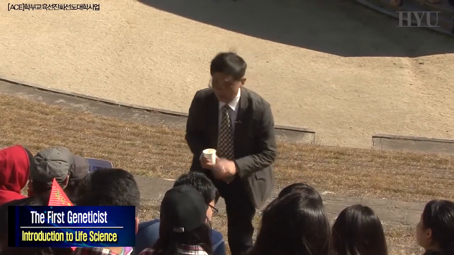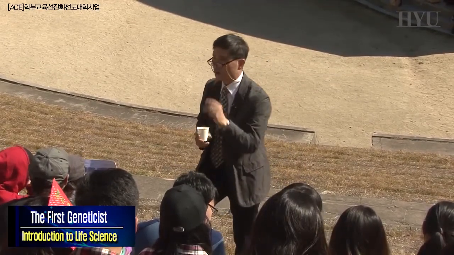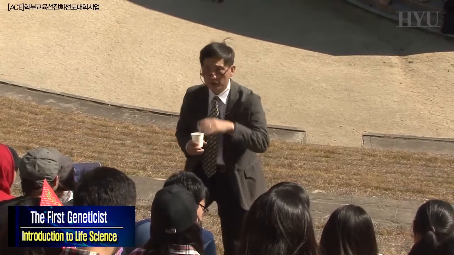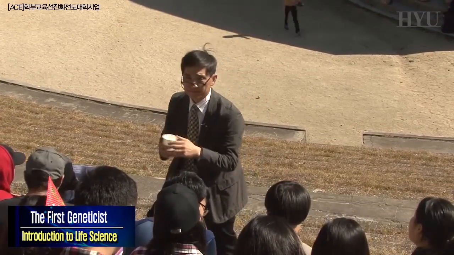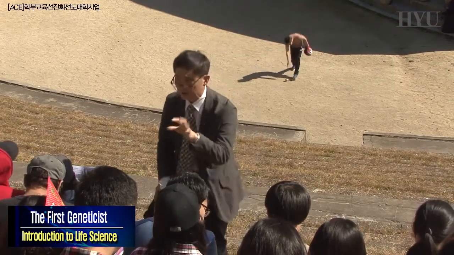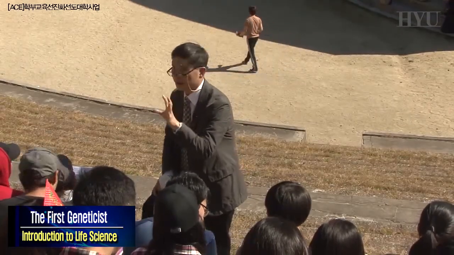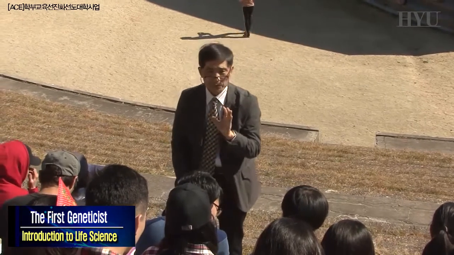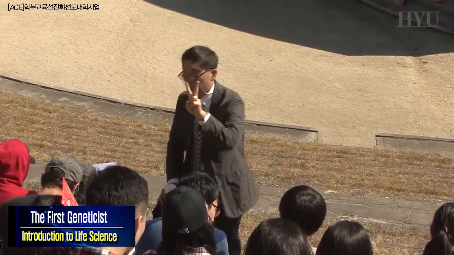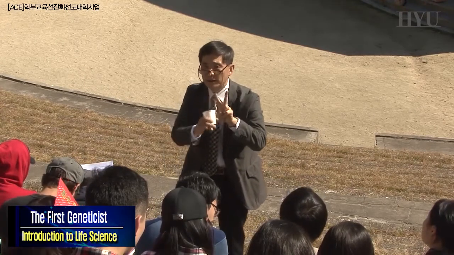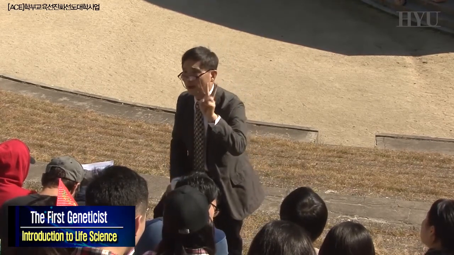There are a few genetic disorders in which the frequency between male and female is different. In most cases, this is an X-linked recessive disorder. Why? In female, you have two X chromosomes, right? If you have one bad copy, the other copy will help it out.